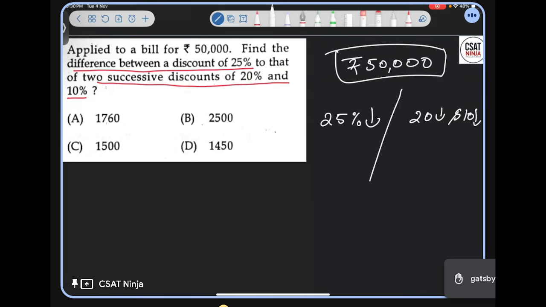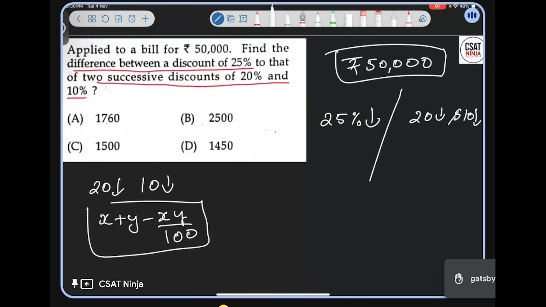So we know something. We know the successive discount rule. If there is a discount of 20% and 10%, what's the discount formula? The discount formula is x plus y minus xy divided by 100. This is the successive percentage discount formula.